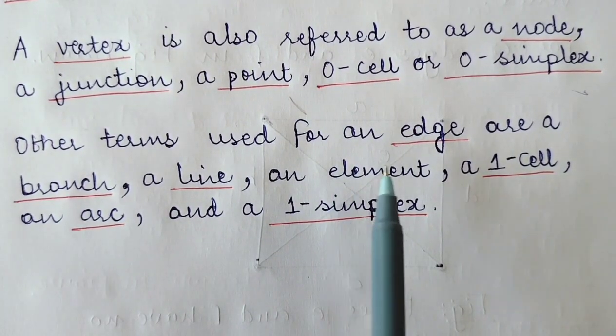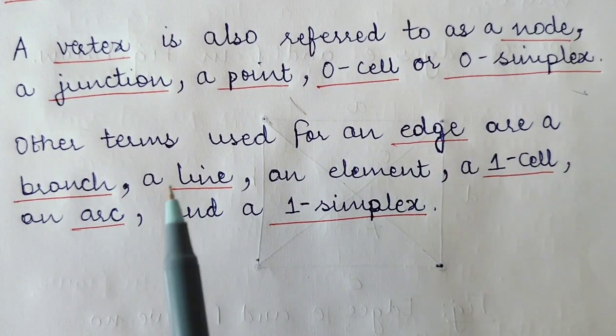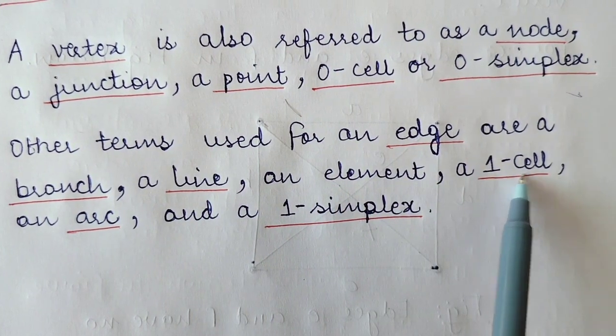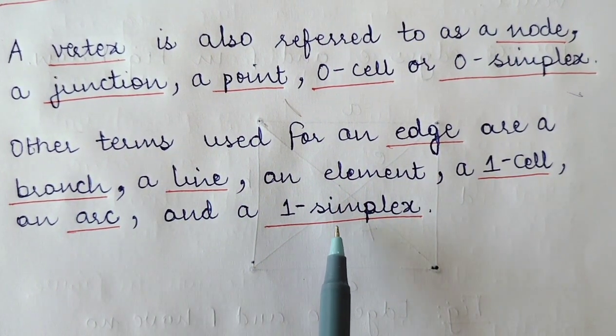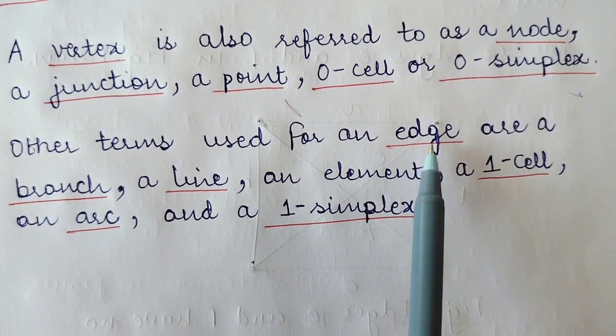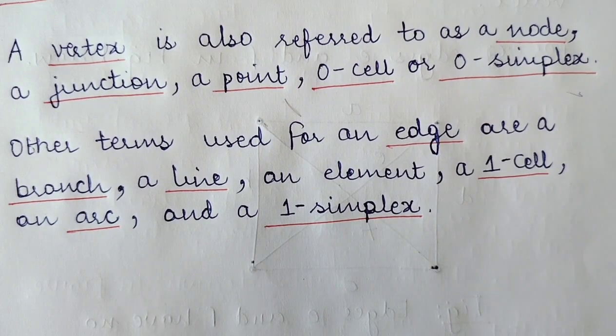The other terms used for an edge are branch, line, element, one cell, arc, and one simplex, but the most commonly used term is edge, and sometimes we also refer to them as arcs. So in this video we will refer to the graph as graph, the vertex as vertex, and the edges as edge, and no other name.